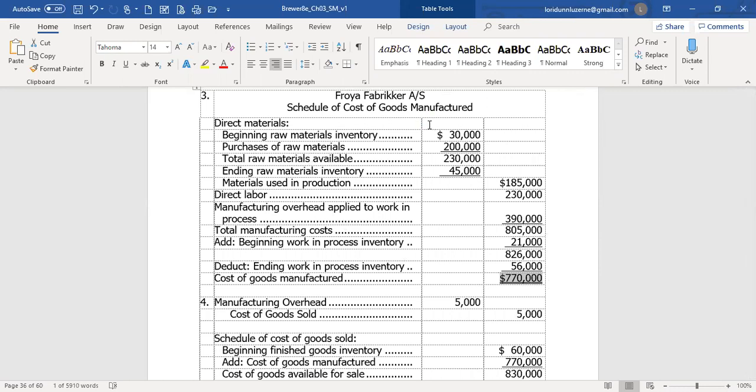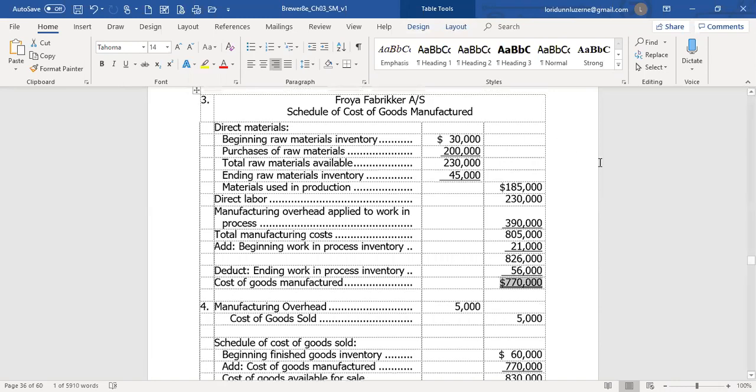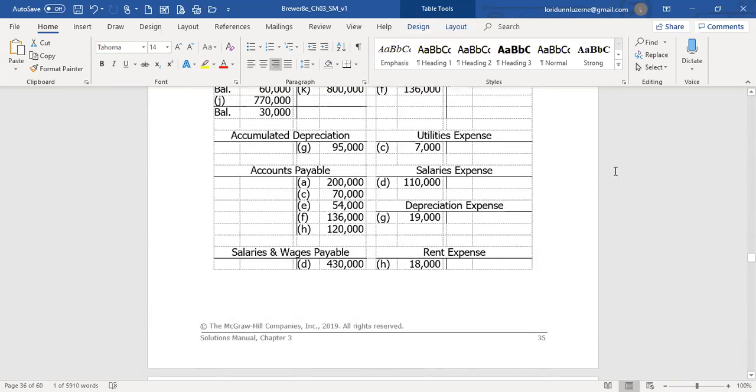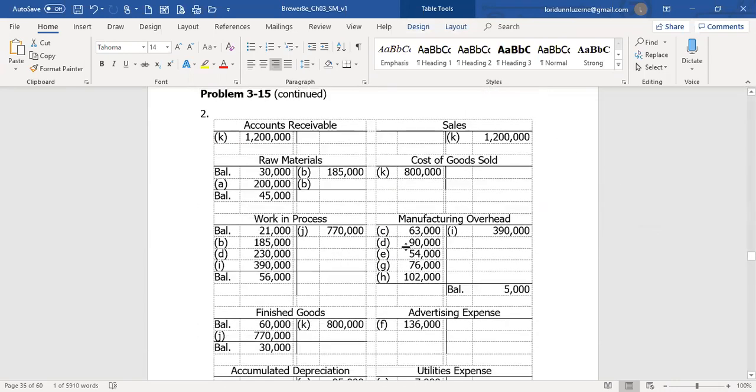Now, prepare a journal entry to close any balance in the manufacturing account to cost of goods sold. So that's what we do. If we have a balance left after applying, according to the predetermined overhead rate, we zero it out by either debiting or crediting it. Well, our manufacturing overhead account had a credit balance after applying manufacturing overhead.